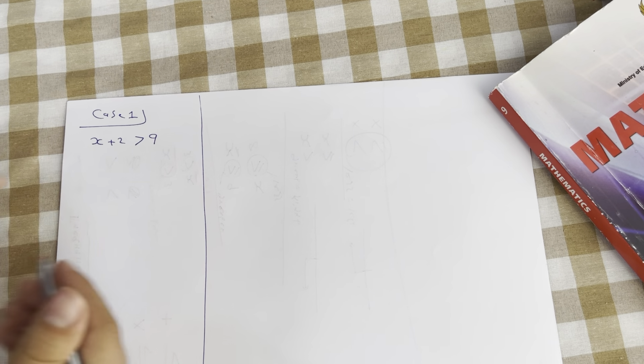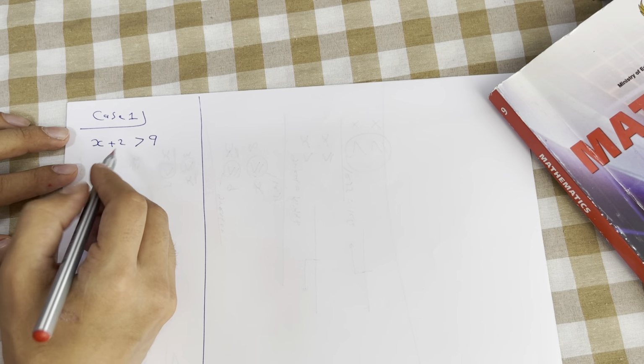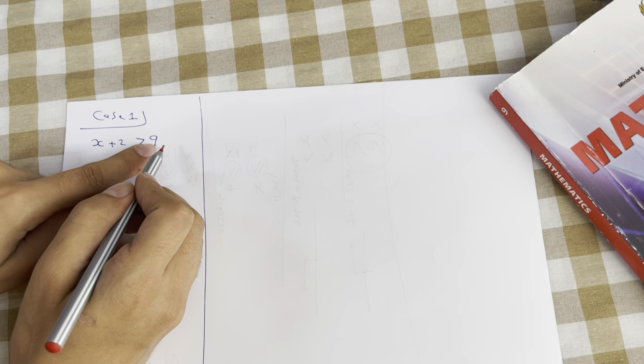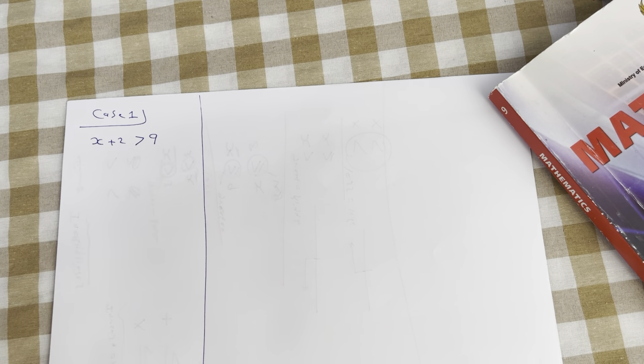So how to solve this expression? I have x with 2 and greater than 9. In inequalities, you have to take the variable to one side and the numbers to the other side. So you have to isolate the variable and the numbers.